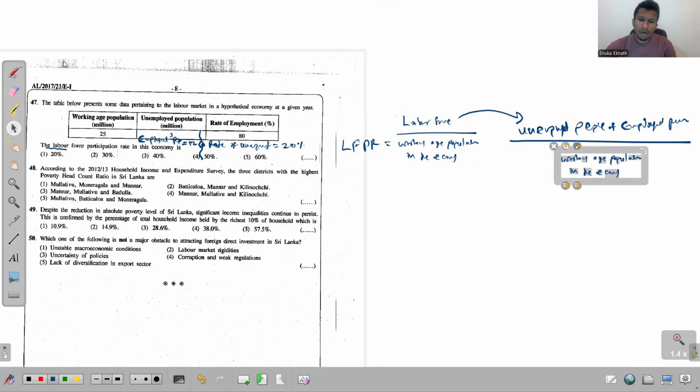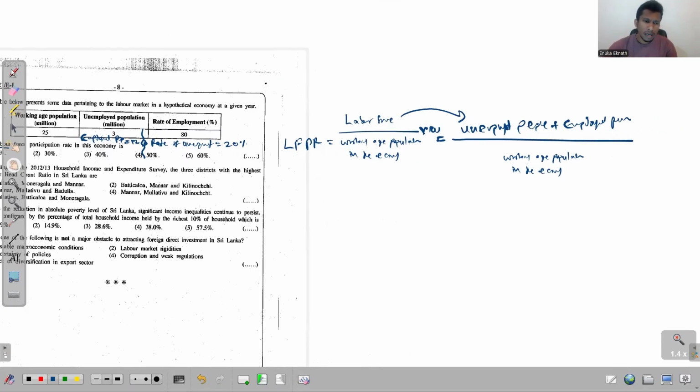So if you multiply this by, I forgot that actually, if you multiply this by 100, it gives you the labor force participation ratio. Yeah, so this is into 100. So unemployed population is given to us in the question as 3, and the employed population we found using a very simple calculation, we found that value to be 12, and that is divided by the working age population, which is 25, and we should multiply this by 100.